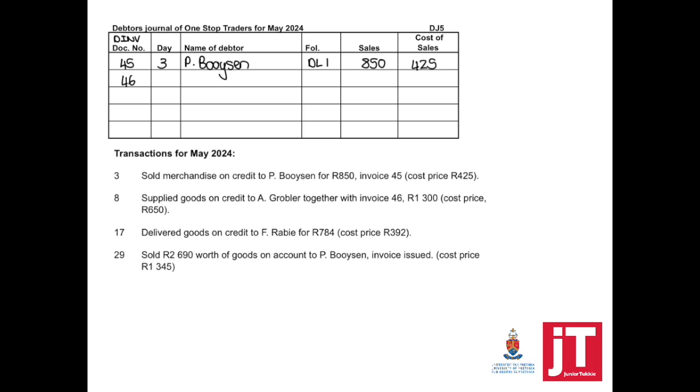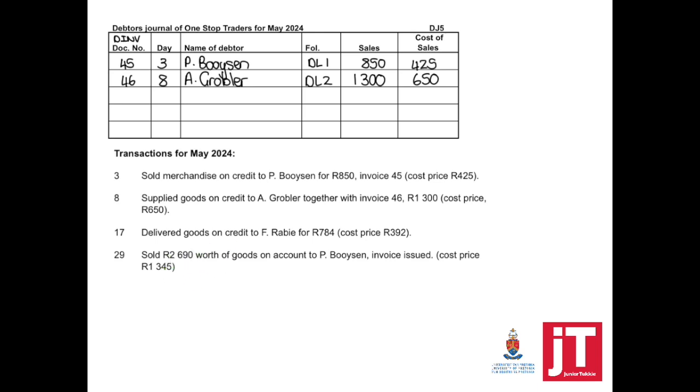The cost, $650. This happened on day 8. Who purchased from us? A. Grobler. We're going to take it to his debtors ledger, number 2. The selling price goes into sales, $1,300, and the cost in cost of sales, $650.